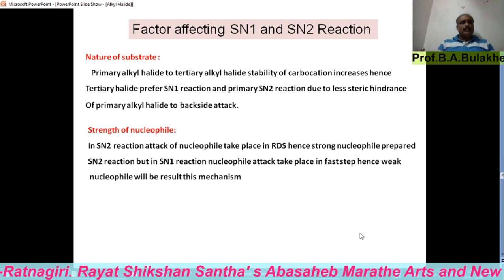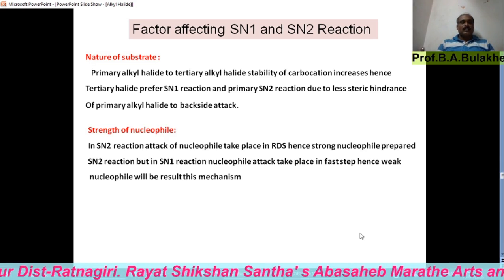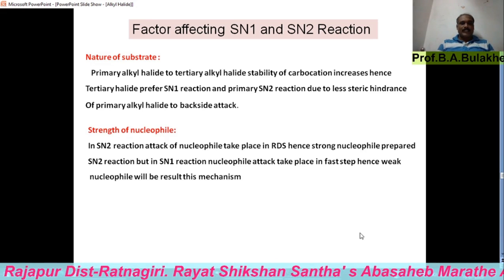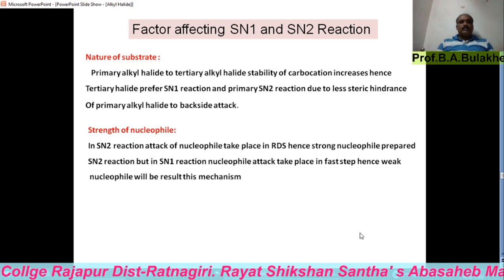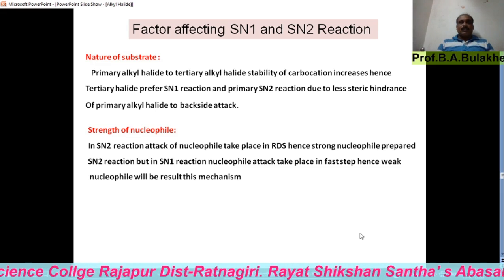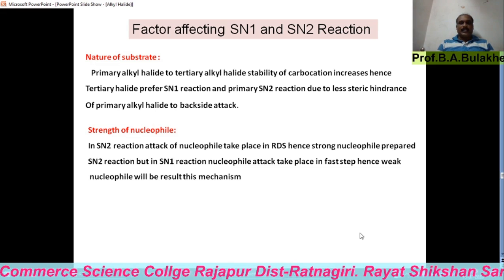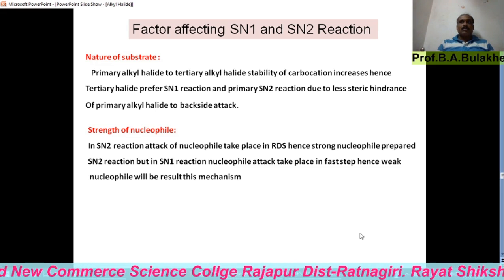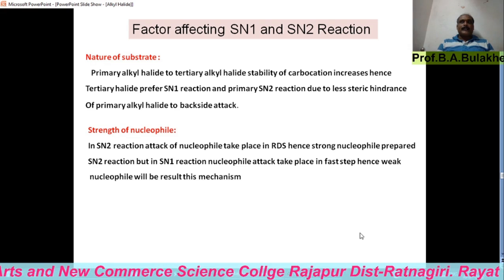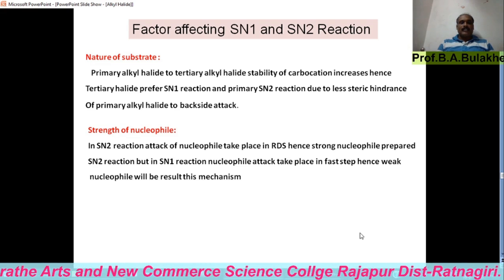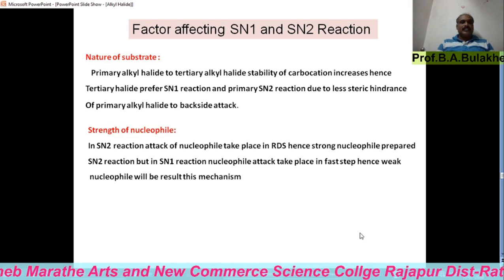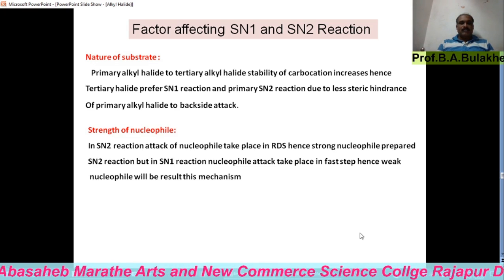In the second factor, the strength of nucleophiles. In SN2 reaction, the attack of the nucleophile takes place in the rate determining step, and therefore a strong nucleophile increases the rate of SN2 reactions.